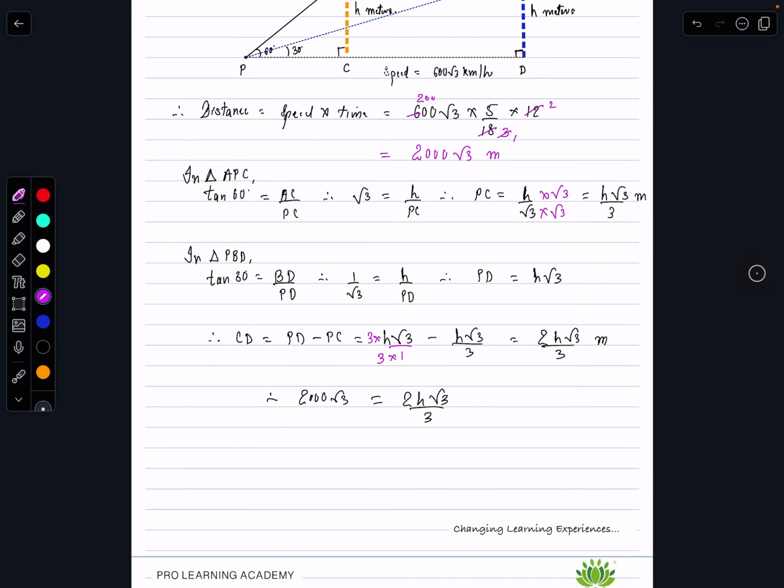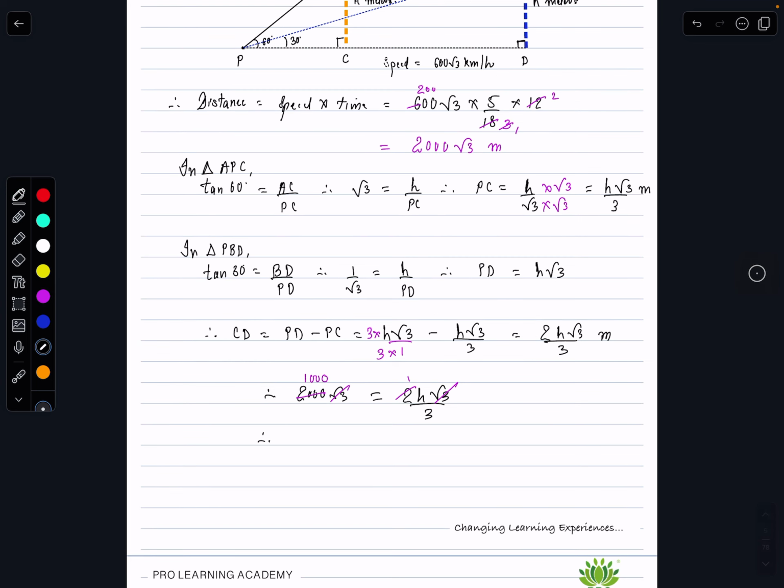We realize that we can cancel root 3 with root 3. 2 times 1000 is here. So here we will have 3 times 1000 become the perpendicular height, which is h. This is in meters.